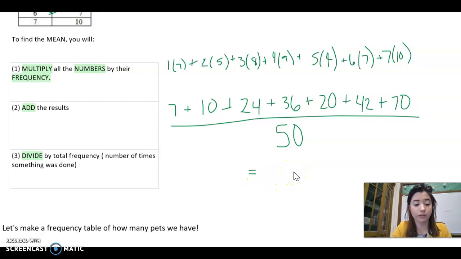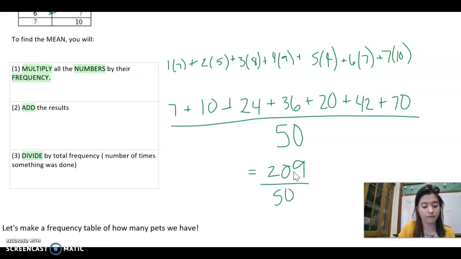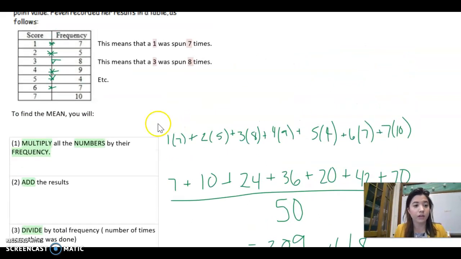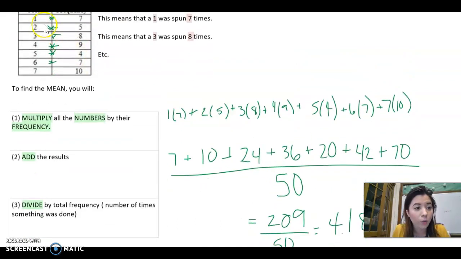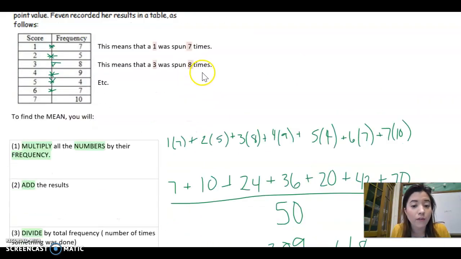Okay, so I'm going to go 7 plus 10 plus 24 plus 36 plus 20 plus 42 plus 70, and we get 209, and then we divide that by 50, and we get 4.18. So this is the average for what score this person got.